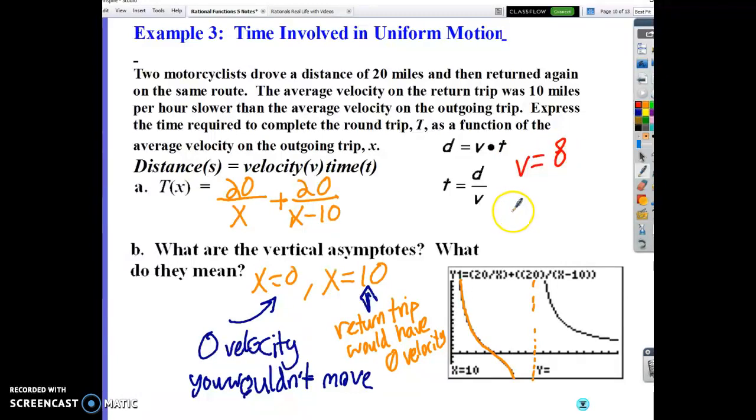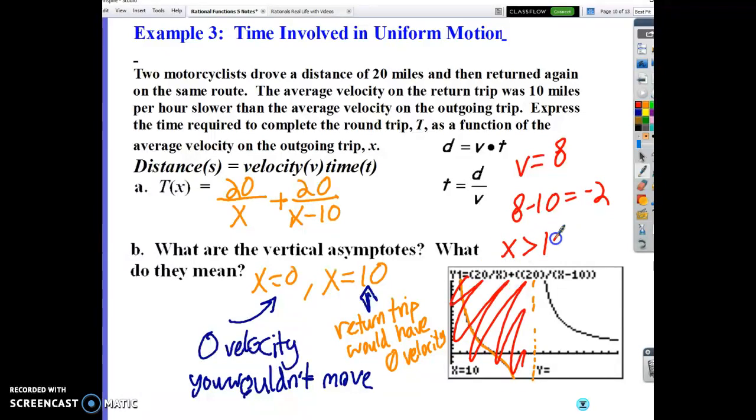On the return trip, you would have 8 minus 10, which equals negative 2 velocity. So how are you going to get back if you're going backwards? You have a negative velocity. So for this one, you need to be careful, and you actually can't use any part of this graph. So you need to know that your x needs to be greater than 10. So the only valid part of the graph is anything farther or to the right of this vertical asymptote.